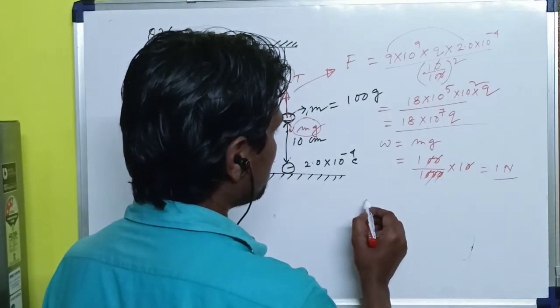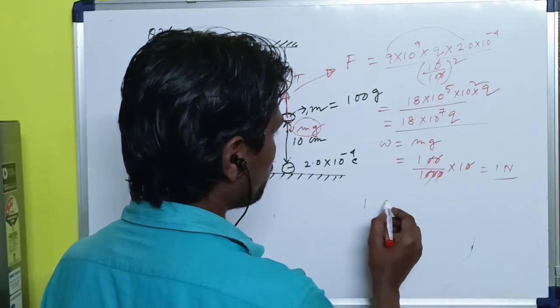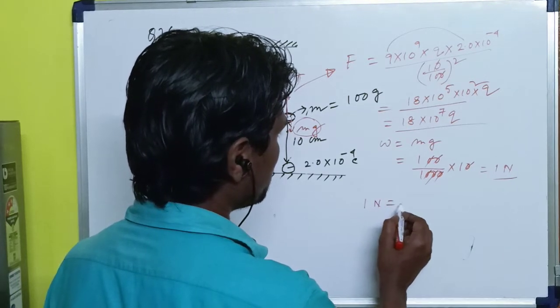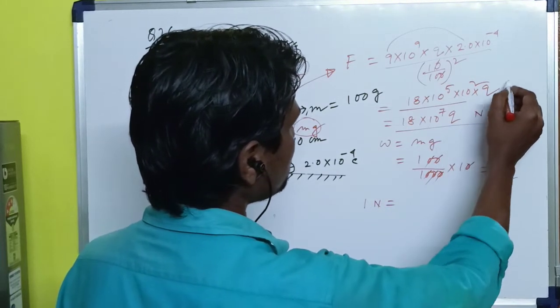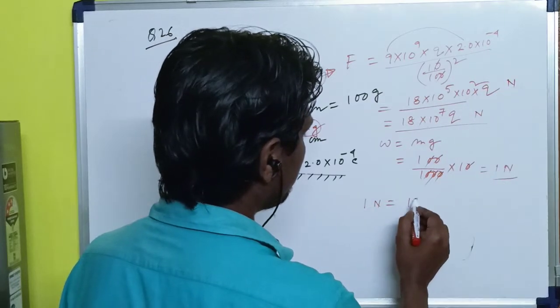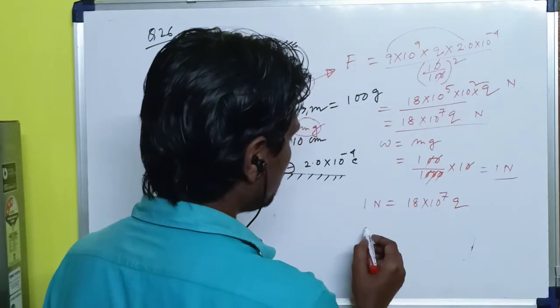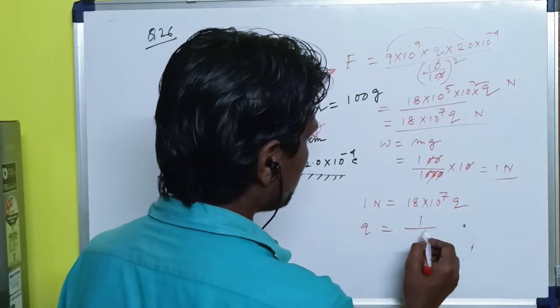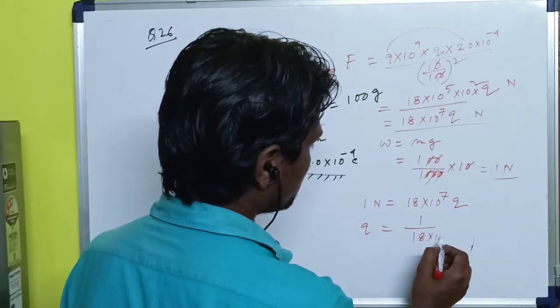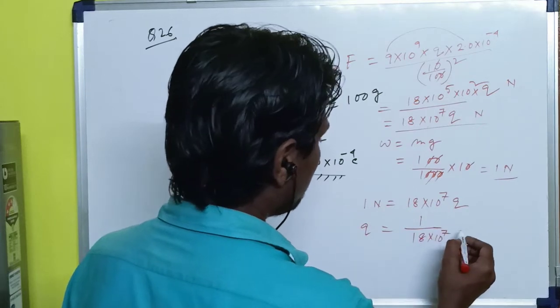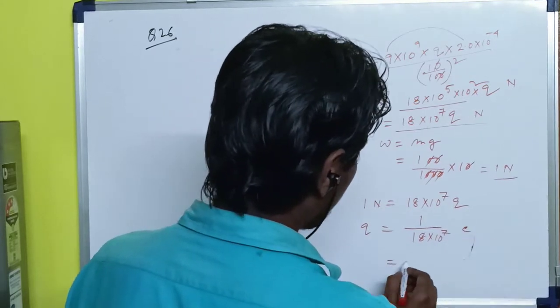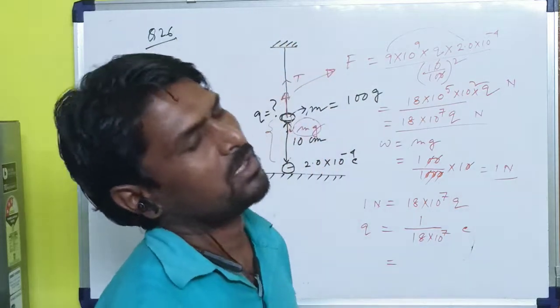So weight equals repulsion force. So 1 Newton is equal to 18 into 10 to the power 7 Q. So Q equals 1 by 18 into 10 to the plus 7 Coulomb.